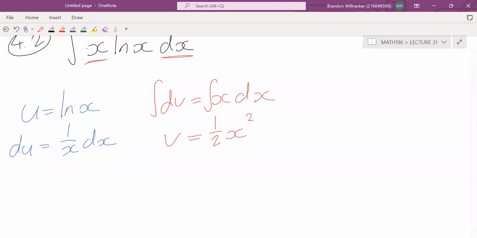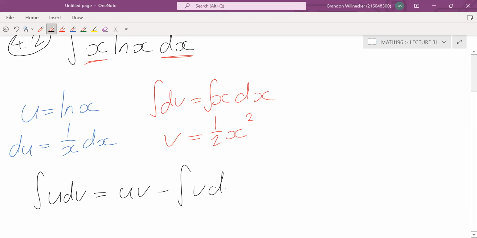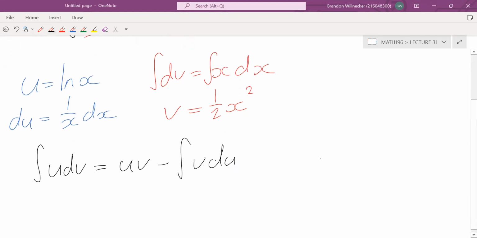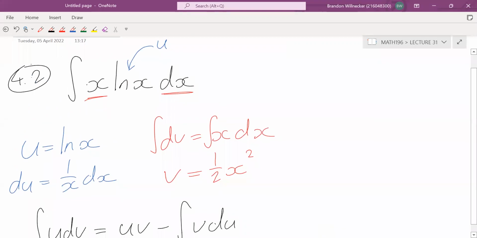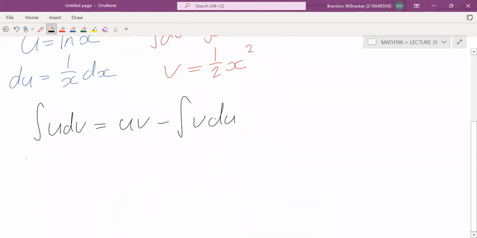What we need to do now is substitute into our integration by parts formula. So the integral of u dv is uv minus the integral of v du. I'm sure everyone has memorized this by now. We've done it so much now. Okay, so let's substitute in. So u dv is going to be the original integral that we're trying to work out, the integral of x log x dx.